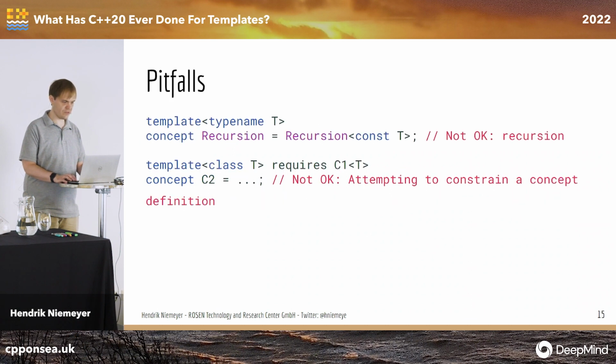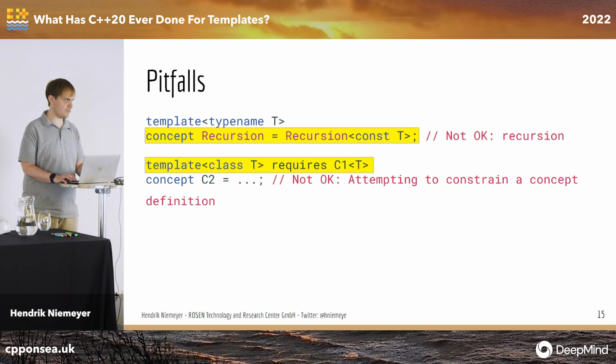There are some pitfalls associated with this definition. It's not possible to have recursive templates, so I cannot refer to the concept I write in its own definition. And I cannot use requires clauses on concepts as well. So here I have a concept C2, which is something, maybe another concept or a type trait, and I want to constrain it with a concept C1.